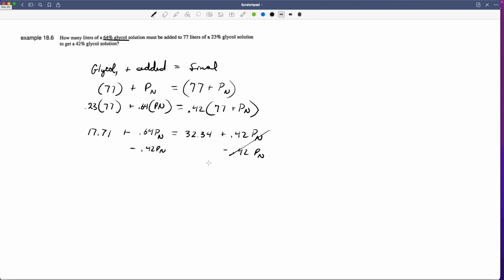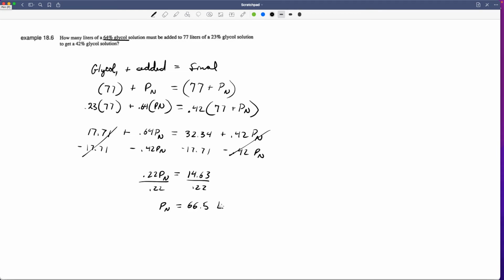This would cancel. And then I'm going to subtract 17.71 from both sides. That would cancel. So what I'm left with is 0.22 times the amount poured in is equal to 14.63. So now if I divide both sides by 0.22, the amount poured in is going to be 66.5, and that's in liters.